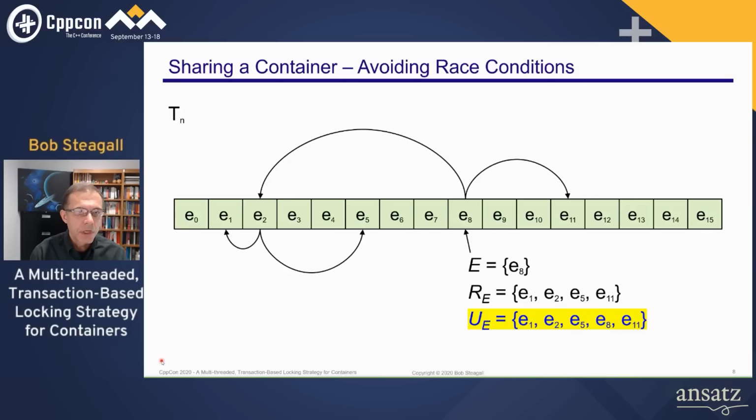In other words, in transaction N, I have a related and update group for E that looks like this. But if I go to transaction N+1, perhaps even the next transaction, and I need to update E8 again, perhaps the membership of the related group has changed because of the update that I did in transaction N.